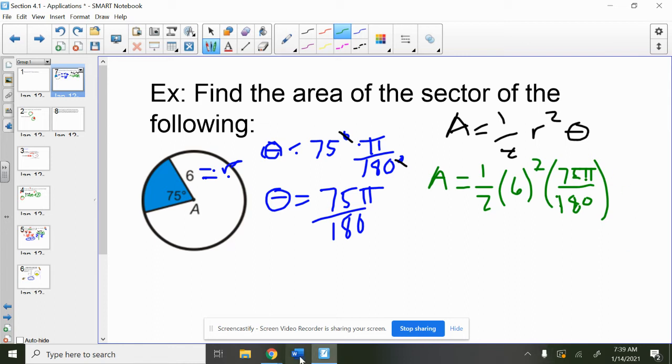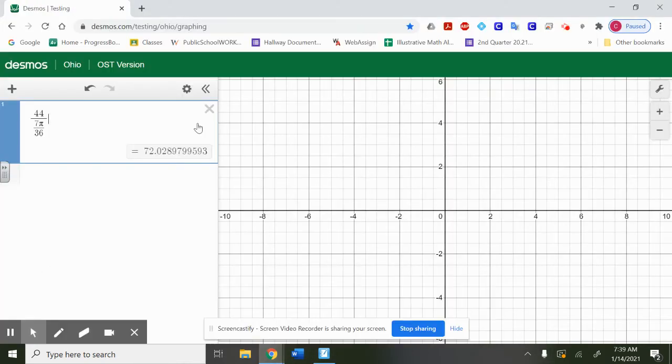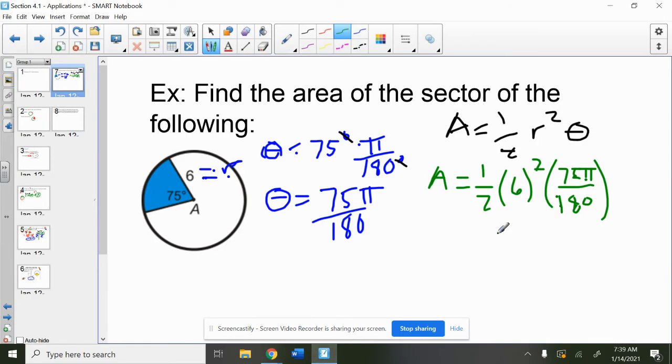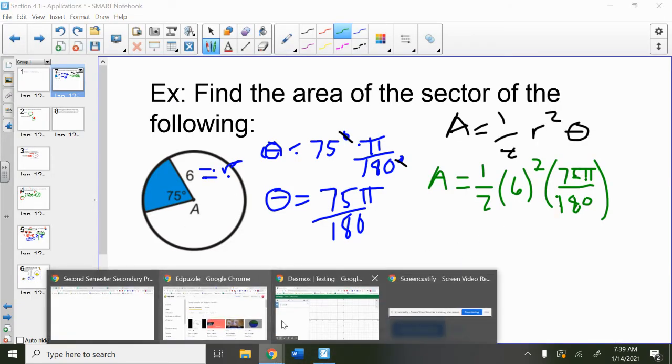Okay, so now I need to type that all in. So 1/2, and then times 6 squared, and then times, and again my fraction over here, we said that was 75 pi over 180.